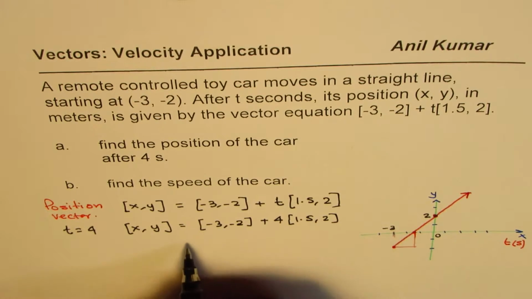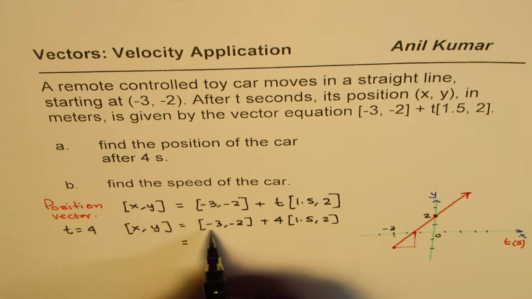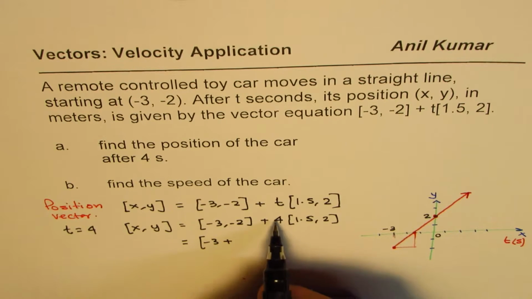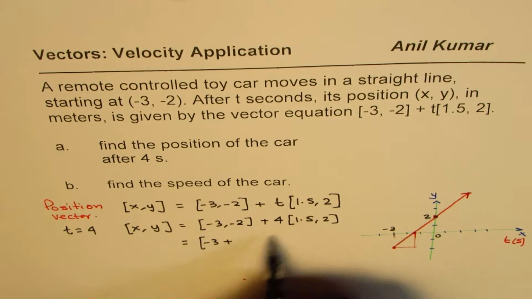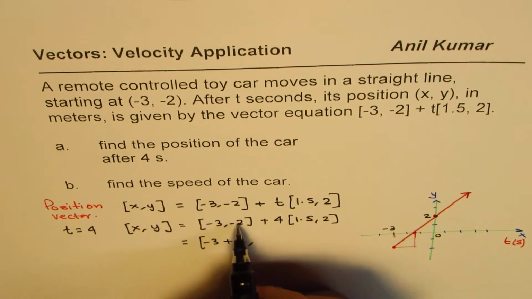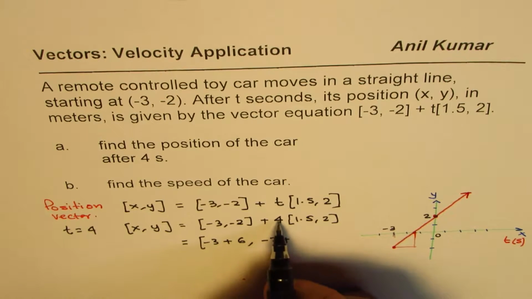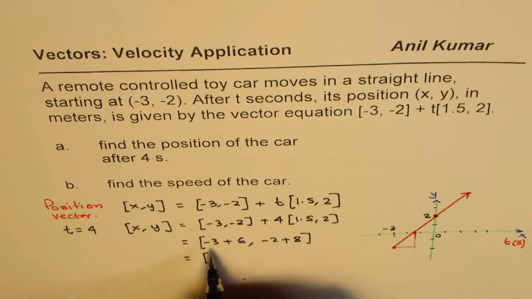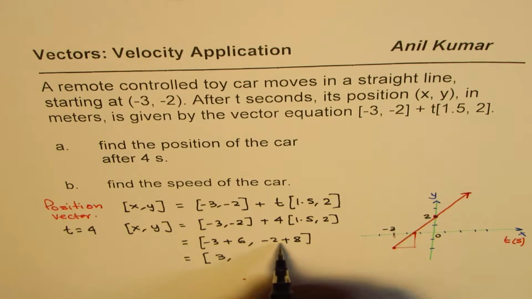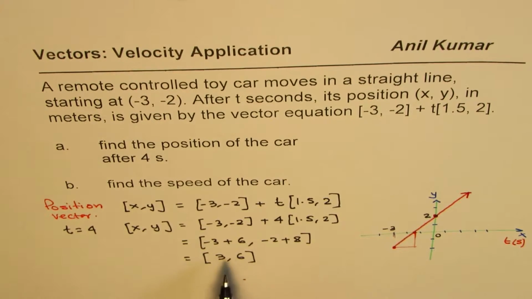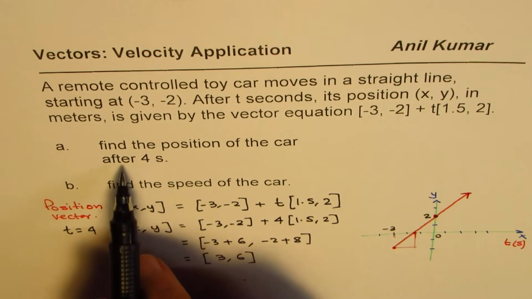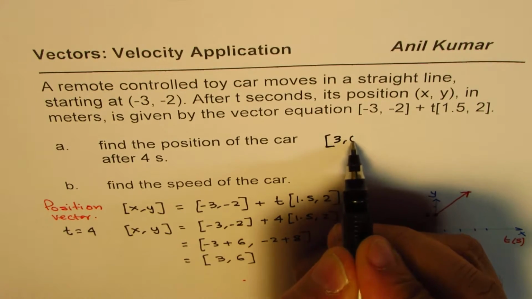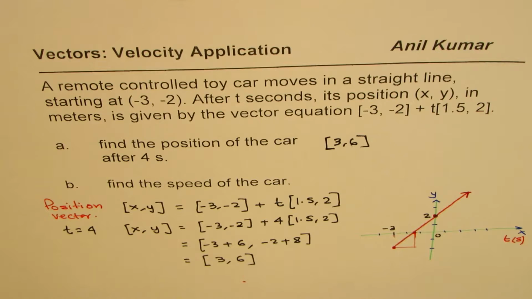If I multiply by 4, the x value will be -3 plus 4 times 1.5, which is 6 in total, and the y value will be -2 plus 4 times 2, which is 8, giving 6. So the position of the car after 4 seconds is (3, 6).